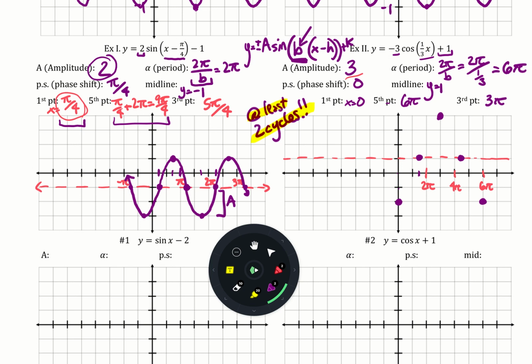All 5 points should be equidistant in terms of your x values. So just do midpoints. Start with your first point and your last point, and then do midpoint, and then your other 2 midpoints. Okay?